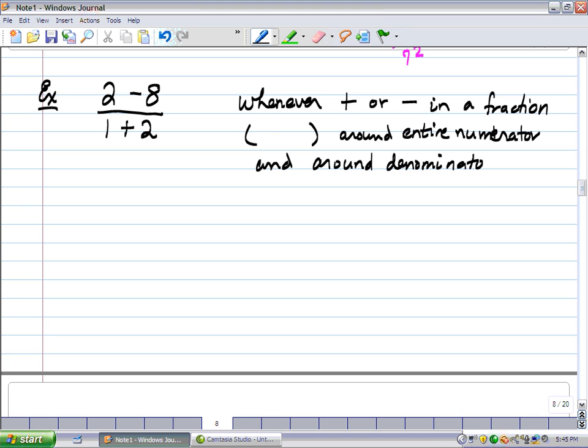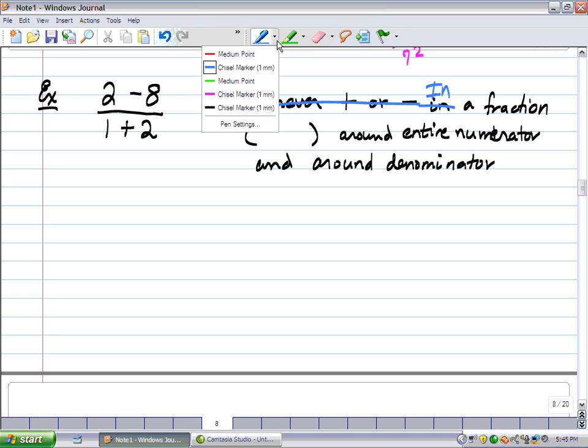Actually, it's not only when there's plus or minus, it's really what? In a fraction, there is a parenthesis around the entire numerator and around the denominator. It's going to bother us the most when there's addition and subtraction. So I'm going to put in the invisible parentheses around the numerator and the denominator to help me realize what I need to do.